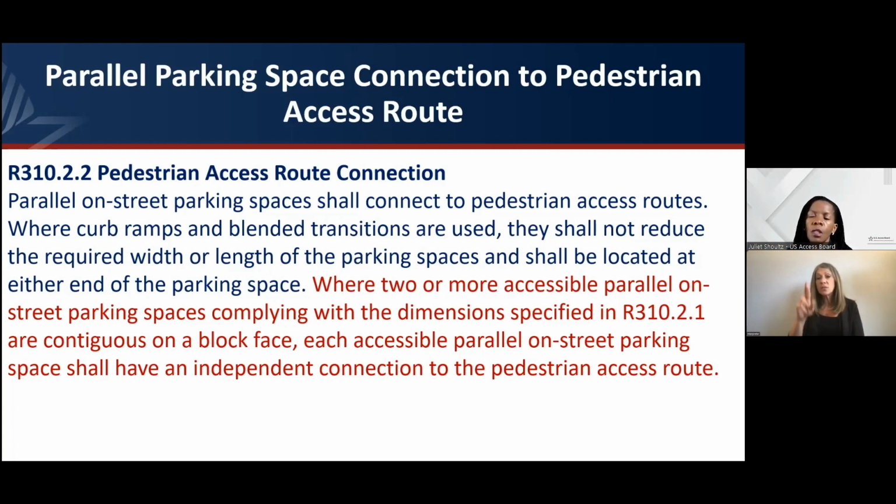So you have 2 on-street parallel parking spaces that are accessible and adjacent to each other. One shouldn't have to traverse the accessible space next to them in order to get onto the pedestrian access route. So each one of those spaces needs to have its own connection to the pedestrian access route.